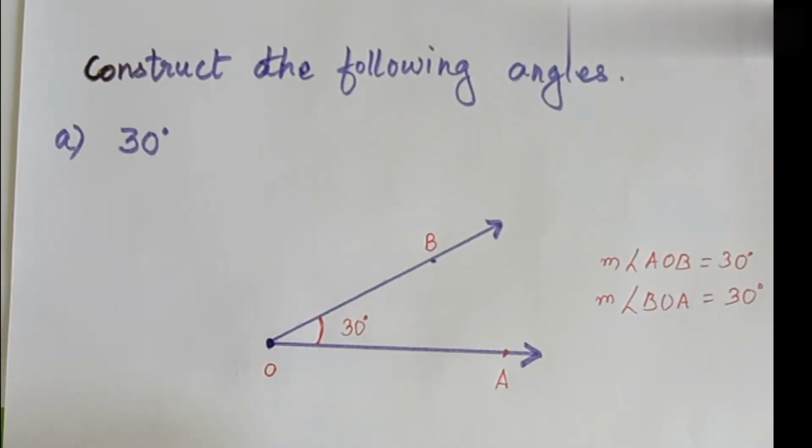When I use my inner scale, my angle opening is on the right side. In the same way I am going to draw the same angle of 30, measure 30 degrees.